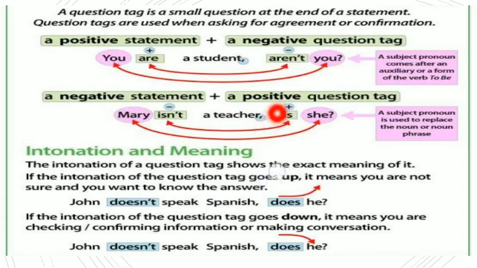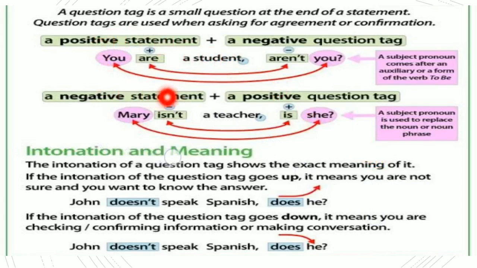So whenever you're adding a question tag after the statement, you will put a comma followed by what? Is she? Because the statement is negative, the tag will be positive. So here we find a subject pronoun is used to replace the noun or a noun phrase.